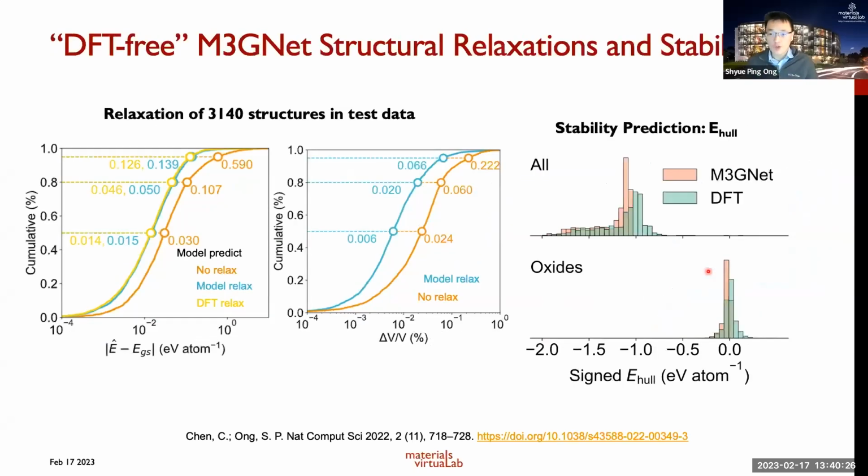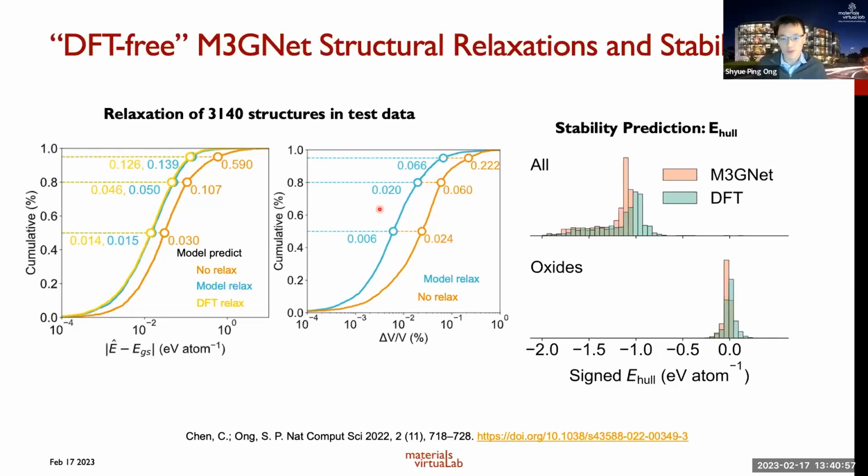With a universal potential, we can now begin to replace that step that we were struggling with, right? So we can now do structural relaxations, right? Using a test set of about 3,000 structures, we did structural relaxations on them and compared them with the DFT relaxed structures. And what we found essentially is that we can get volumes which are within just a few percent of what you actually get with DFT.